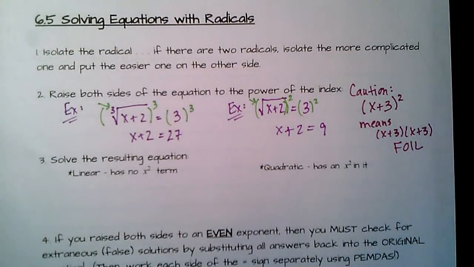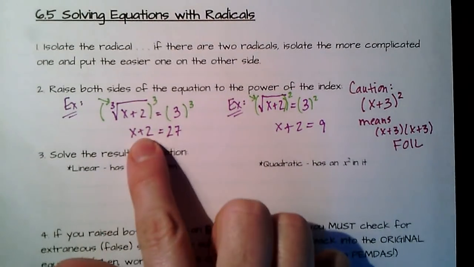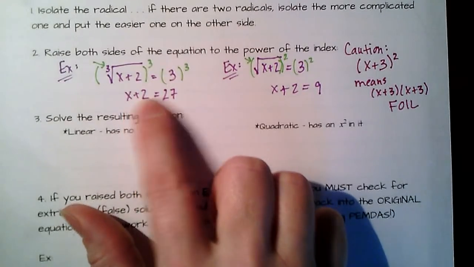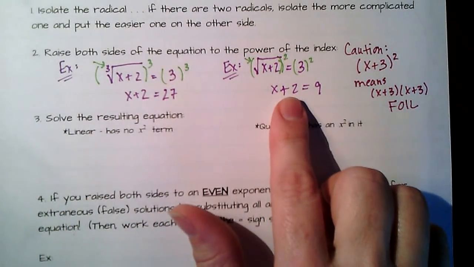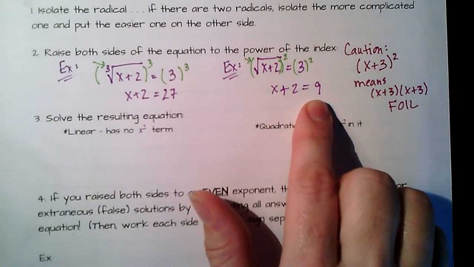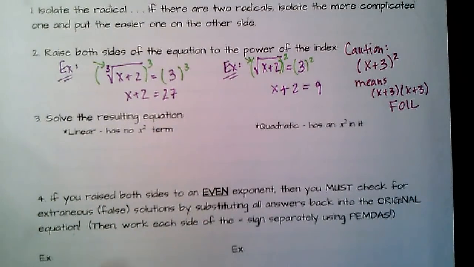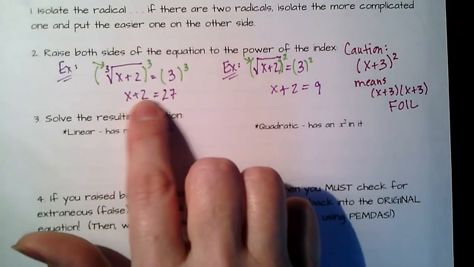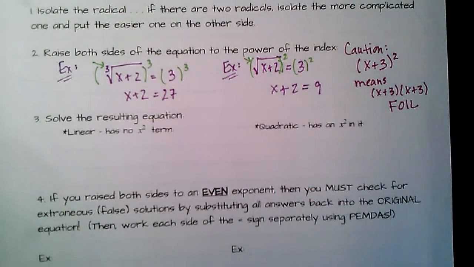Okay, the third step is to solve the resulting equation. So in this case, I would subtract 2 from both sides and I would get x equals 25. And similarly, subtract 2 from both sides and I would get x equals 7. There are really two types of resulting equations that you might see. One is linear, like these up here, meaning that there is no x squared term.